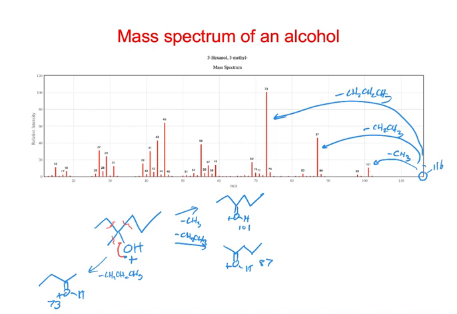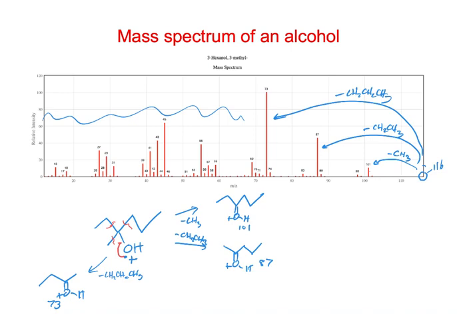Do we care that much about the smaller ions? You mean all about this stuff down here? Yeah, because like 18, that's you lost a water there. Yeah, but that would have to be like a water cation. Yes. No, we don't really care about that down there.